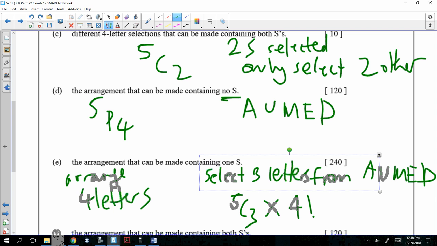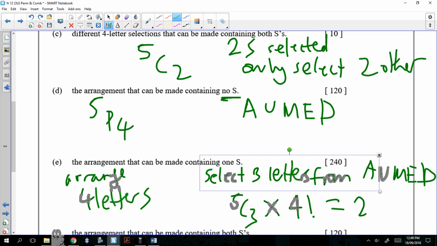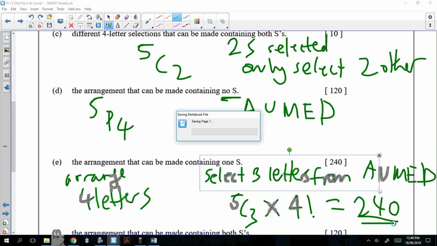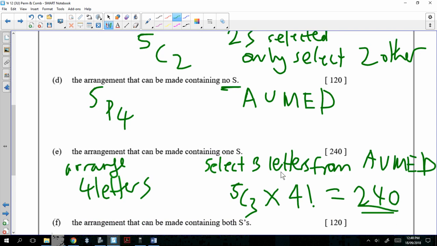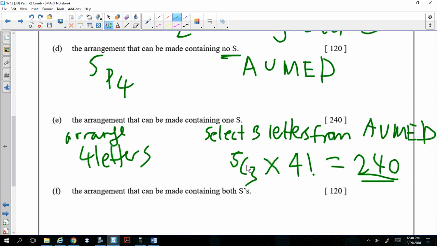All right, see if you can try the next one. What if it has 2 S's? That gets tricky, and there will be repetitions. Think about what to do. So how many letters do you have to select? Instead of selecting 3, you select 2 letters, right? So you select 2 letters from A, U, M, E, D because 2 S's are already selected.